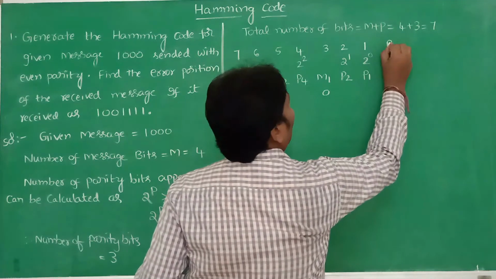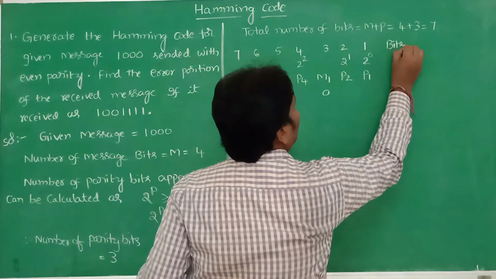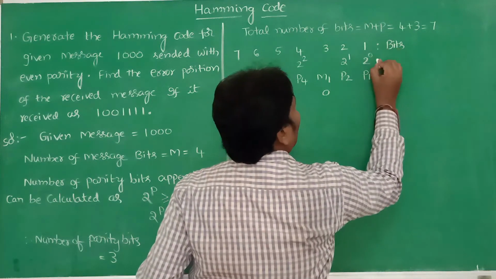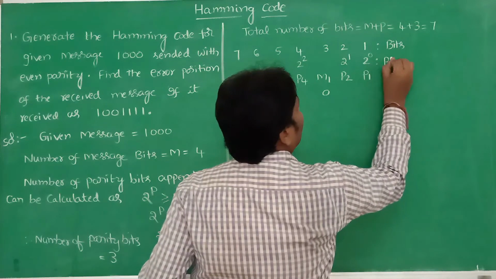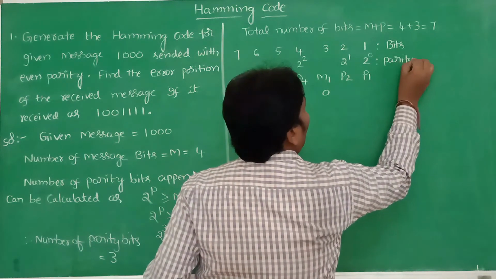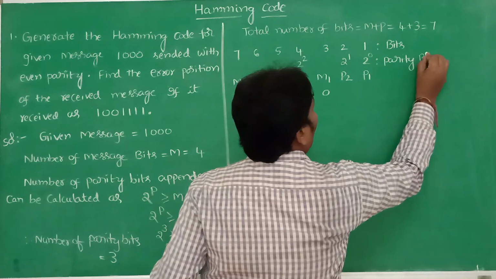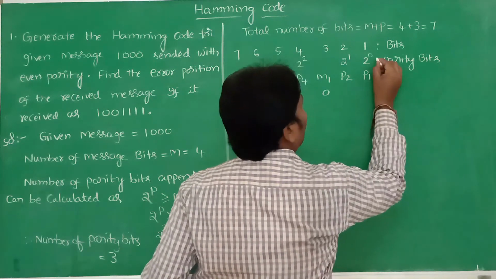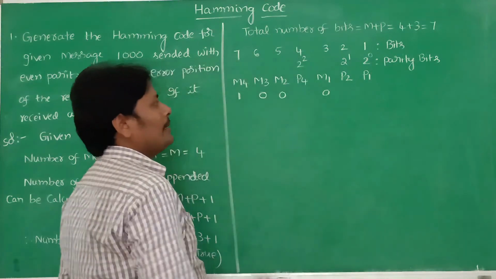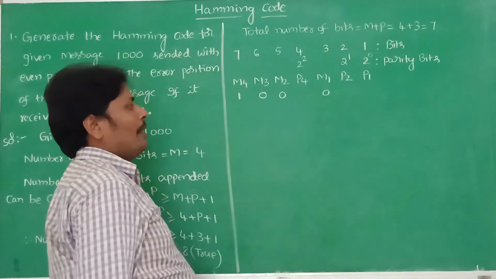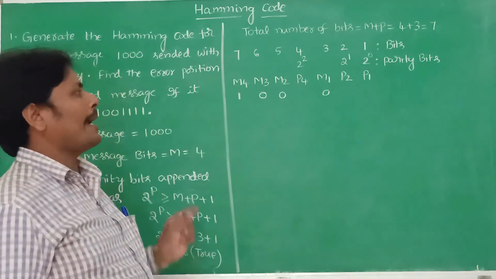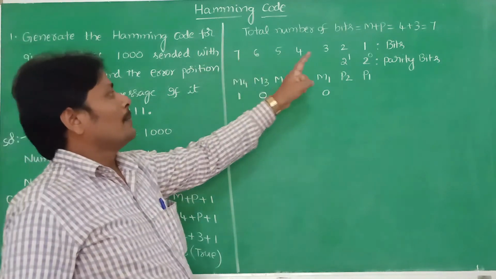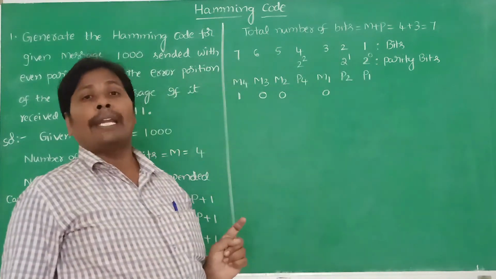So these are the bits 1 to 7, and these are the parity bit locations. And these are the message bits. Now we have to write the 7-bit binaries.